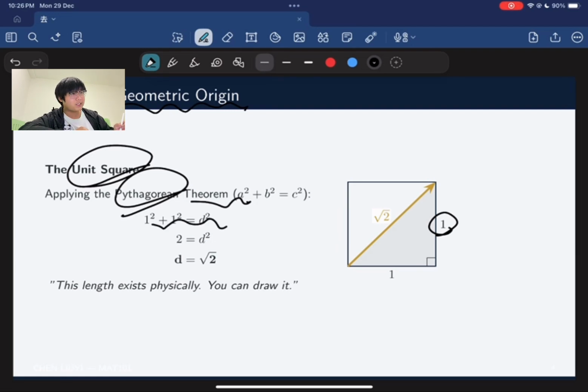And we get the diagonal equals the square root of 2. These lines exist physically. You can draw it. But the ancient question was, can we marry it with a fraction?